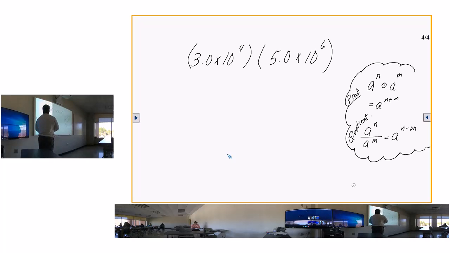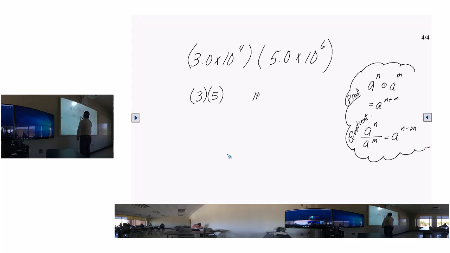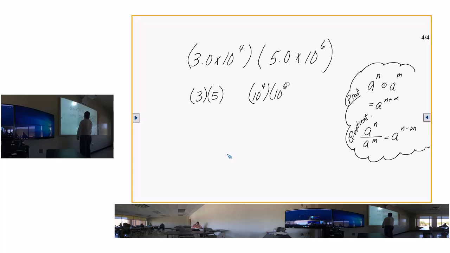So, here we go. 3 times 5. Multiply your numbers together, and then pull your tens over here. 10 to the 4th times 10 to the 6th. Now I'm putting in a step here because, again, I don't know who's had it and who hasn't.